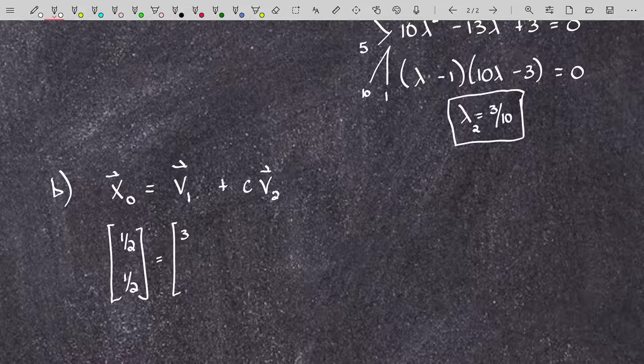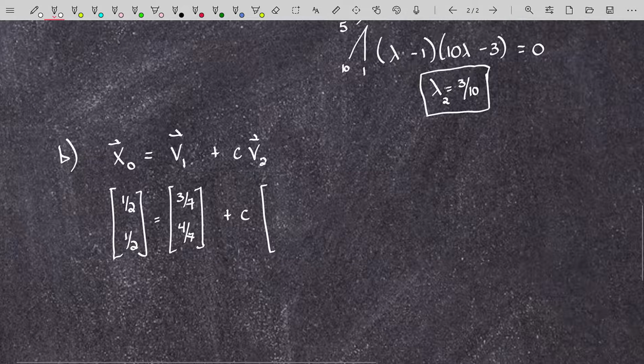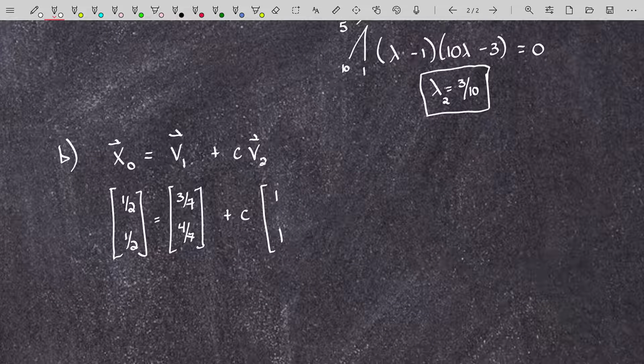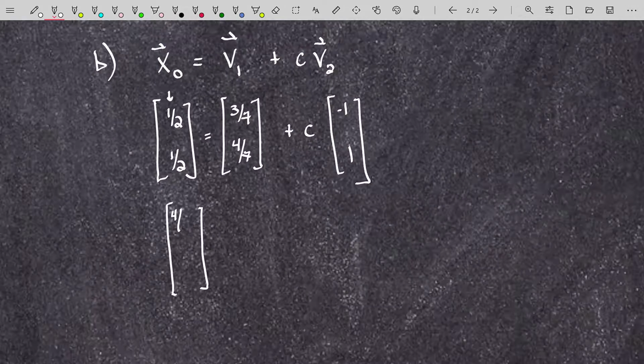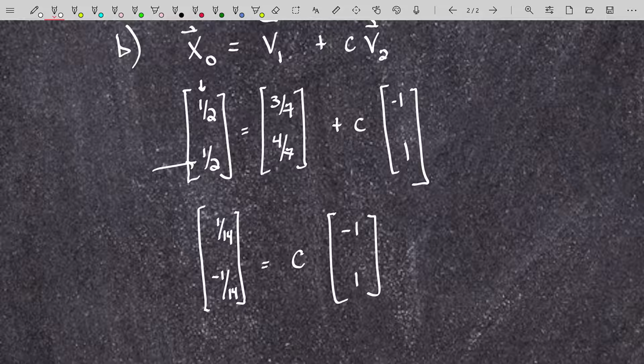v1 was 3/7, 4/7. Is that what it was? Yeah, that's what it was. Plus c times, and then we found v2 to be, was it negative 1, 1? Yeah, negative 1, 1. Now, you can actually just move things to one side. So c should be negative 1/14.